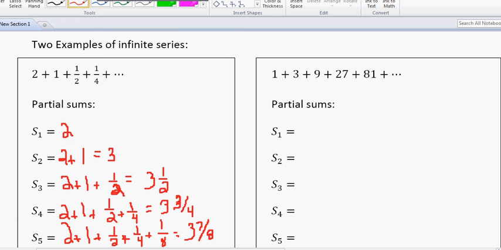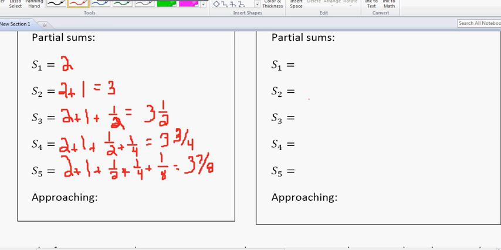Okay, so take a look at these sums. These sums are actually approaching a number. I have 2, and then I have 3, and then 3 1/2, 3 3/4, 3 7/8. Okay, what do the numbers seem to be getting very close to? They actually seem to be getting close to 4.